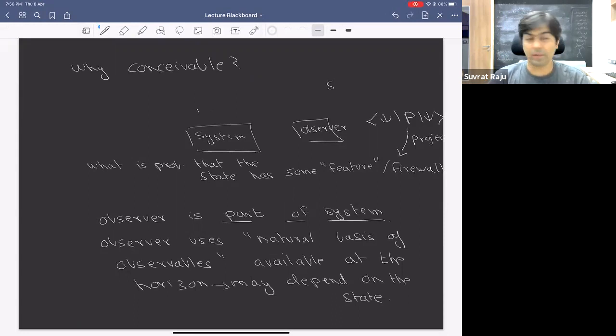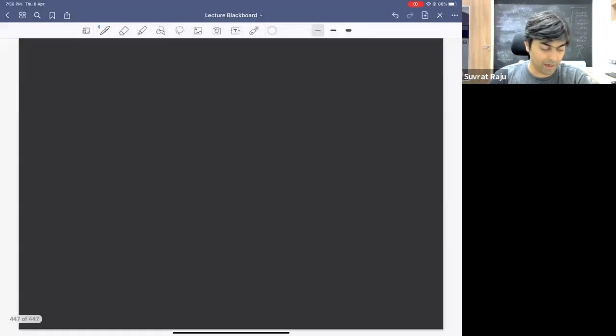Okay? Let me just say one thing. The way we constructed the mirror operators, the state dependence is invisible to the infalling observer.